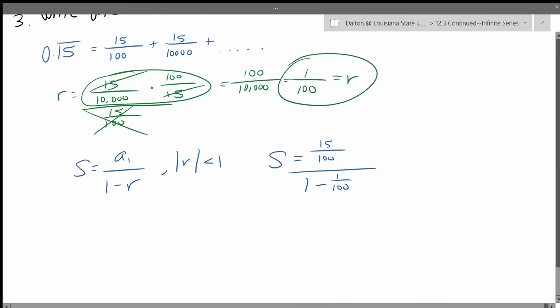So this is equal to 15 over 100 all over 99 over 100. Instead of dividing by 99 over 100, we multiply by the reciprocal, 100 over 99. Multiply straight across, 100 over 100 cancels. You're left with 15 over 99, which we said we should have earlier, right? It's the shortcut. But that also further reduces to 5/33.